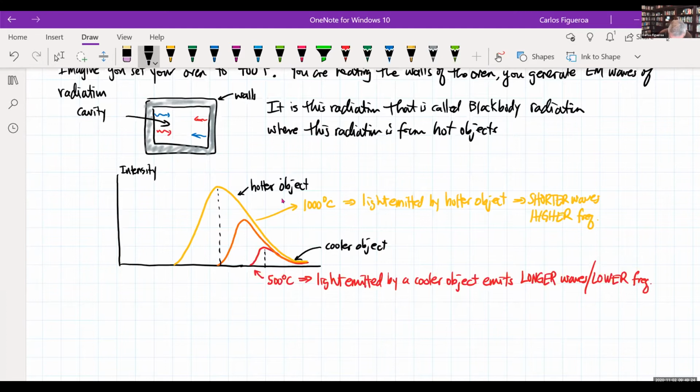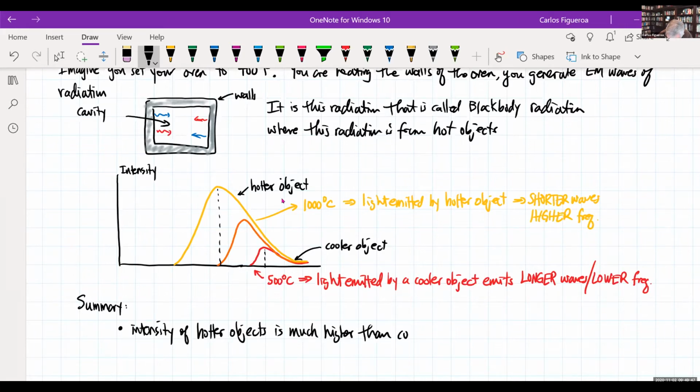So in summary, we see that the intensities of hotter objects is much higher than cooler objects.